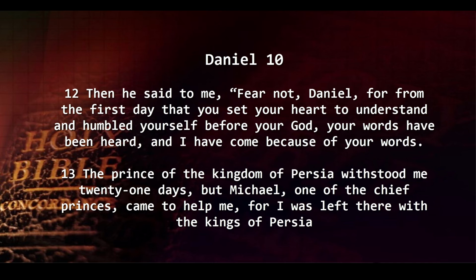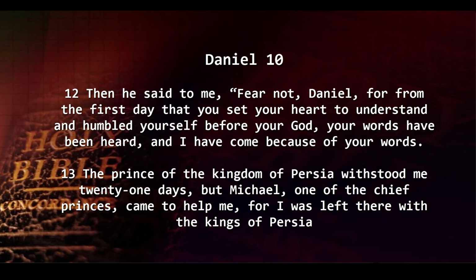And then it says he was left there with the kings of Persia. Kings of Persia. Who is this prince of the kingdom of Persia that was able to see a spirit being enter into his realm and then fight him off for 21 days? No human being has that capacity. So who is this prince of the kingdom of Persia that was able to see a spirit being that's invisible to the naked eye, unless God opens your eyes, and had the power to resist him for 21 days?